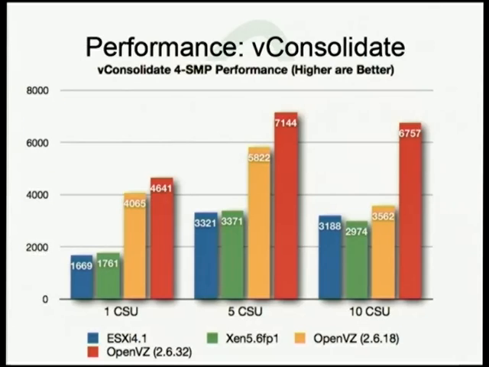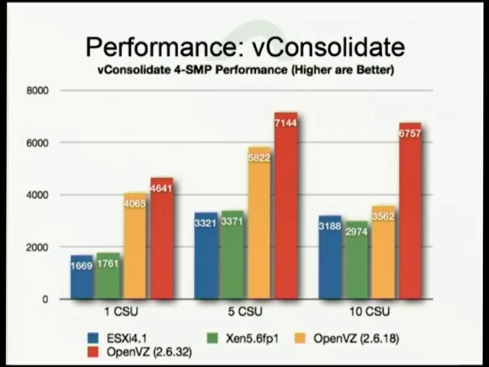The next slide is vConsolidate. It's a benchmark by Intel that is used to measure consolidated workload. It runs some heavy Java apps inside VMs, and those VMs are grouped into so-called CSUs. So we have the case for 1 CSU, 5 CSUs, and 10 CSUs.